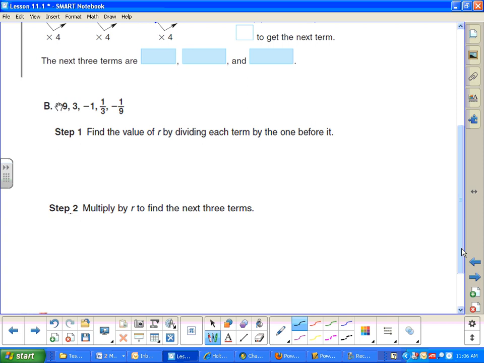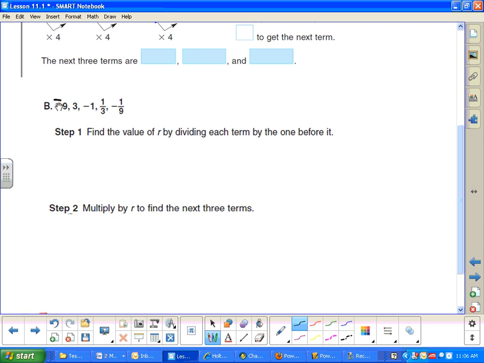And so when I look at these numbers, what are the 2 easiest numbers to divide? -1 and 3. If there's ever a 1, that's always going to be the easiest number to use. And I'm sorry, that is a -9 there. That's not a 9. Otherwise, this would be messed up a little bit.